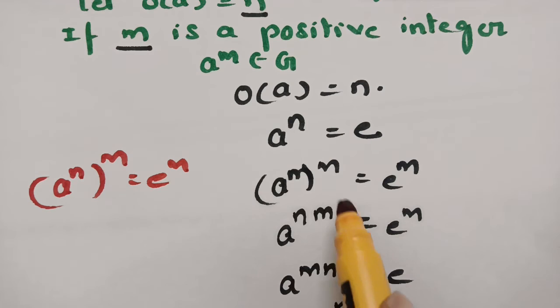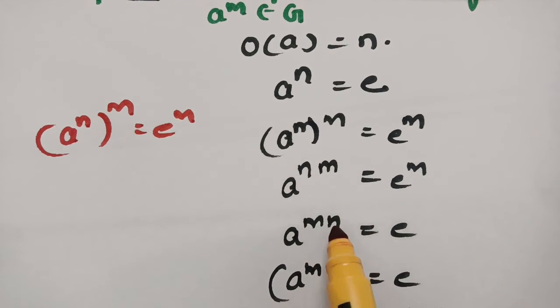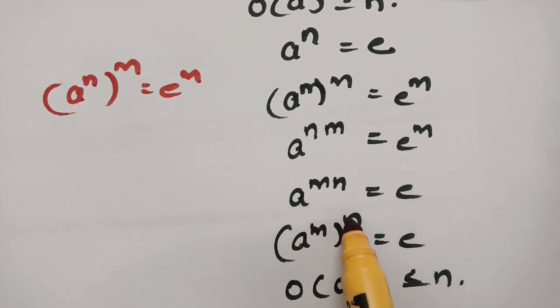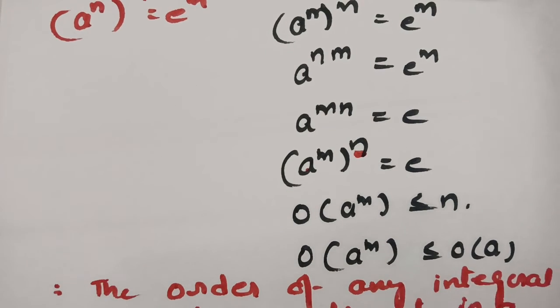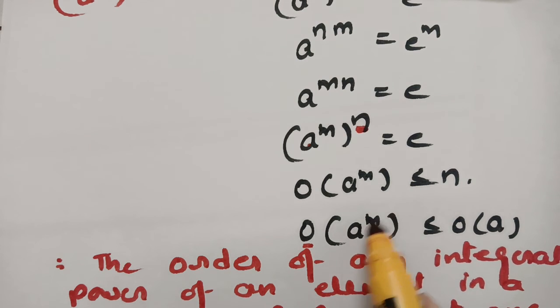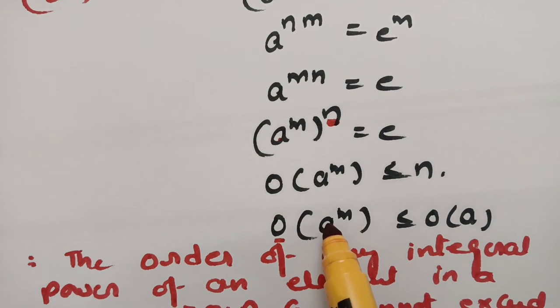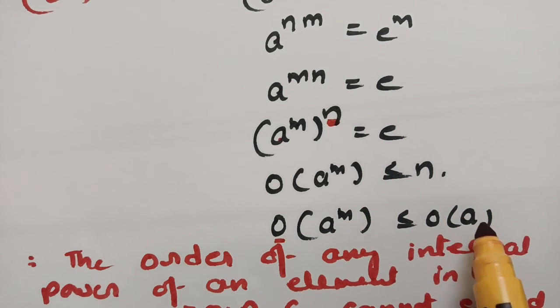That is A power nm, so this is E power m, which can be written as A power m whole power n is equal to E. So order of A power m is less than or equal to n. So the order of any integral power of an element in a group G cannot exceed the order of an element A.